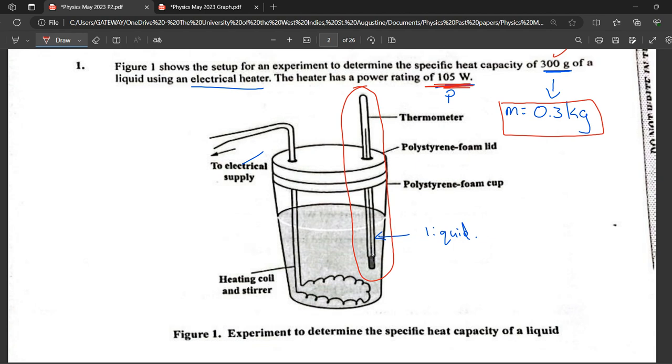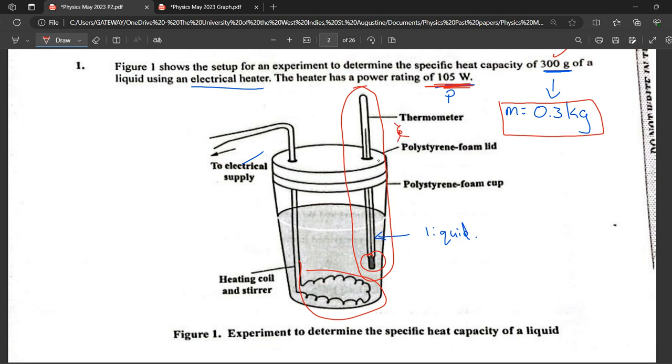You want it to be vertically upright. You don't want the bulb touching the metal coil, and you don't want it touching the inner walls of the container. It should be fully immersed in the liquid, but it shouldn't be touching the bottom or the corner of the container inside. It shouldn't be touching the heating coil. Those are important things to do.